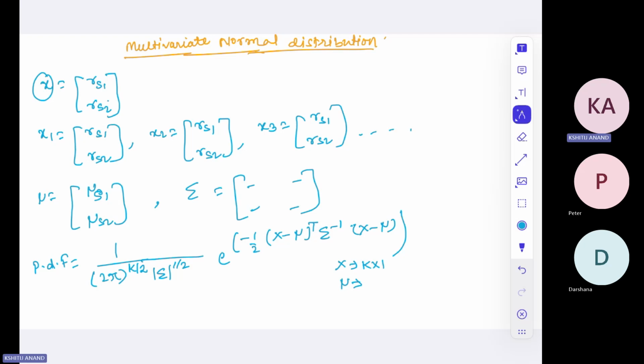Mu is simply the mean returns of each stock, so the size will be k into 1 if you have k stocks. And what is the size of this variance covariance matrix? K into k, right? So this is the expression for the probability density function in case you have a multivariate normal distribution.